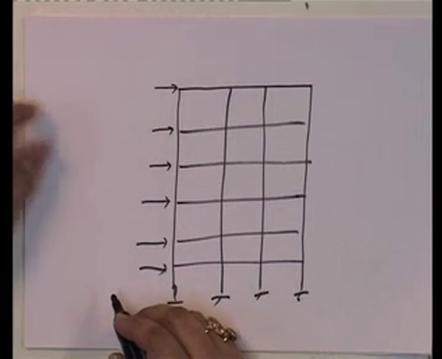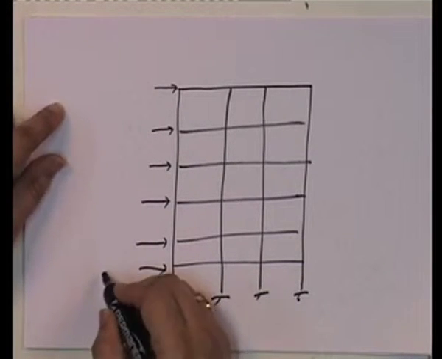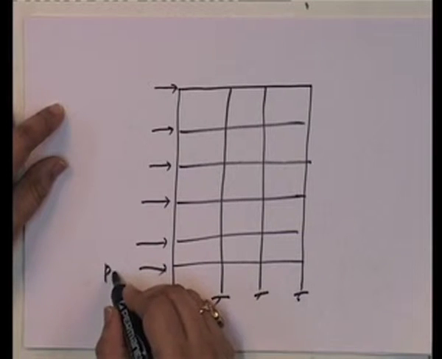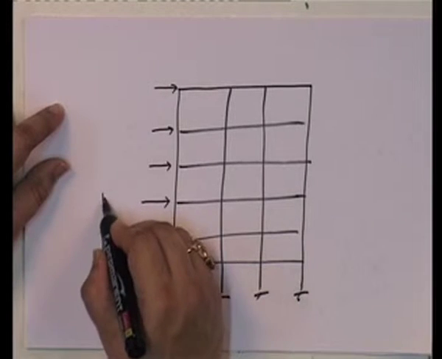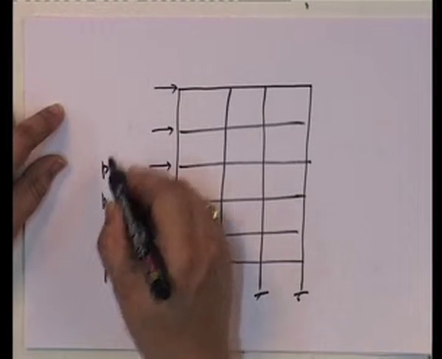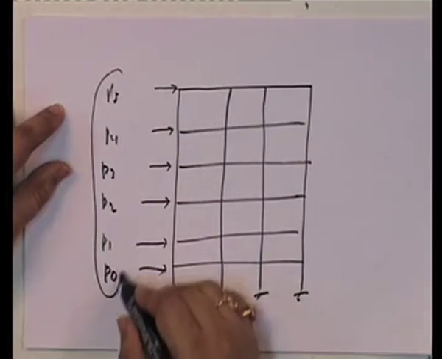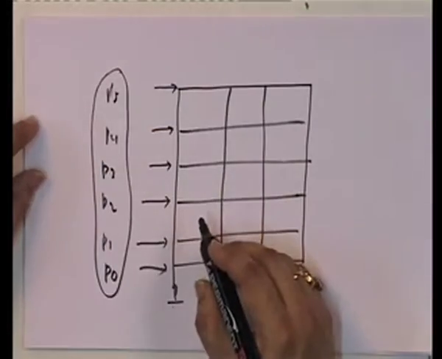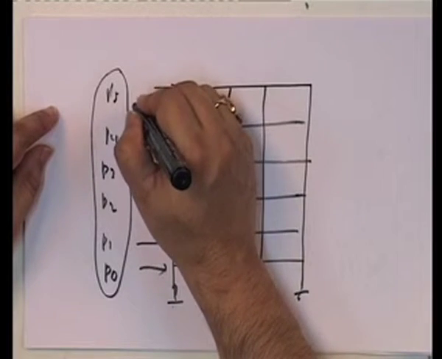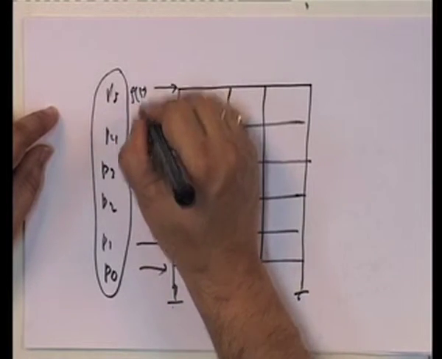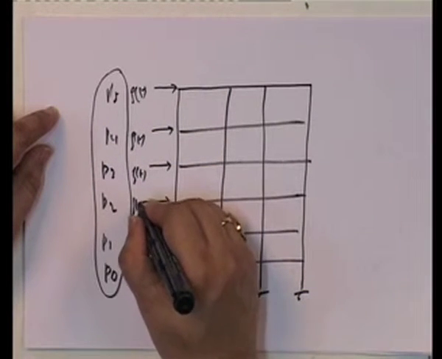What's typically done is that you will have a basic amplitude, and then you have a time variation which is there in every one of them.